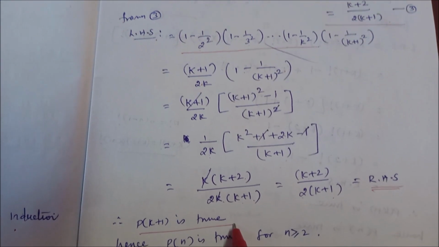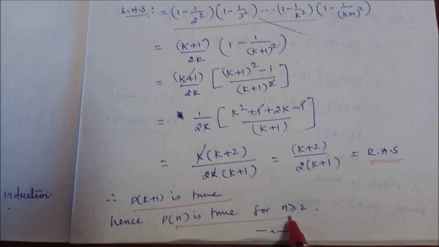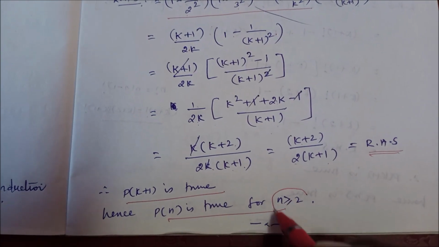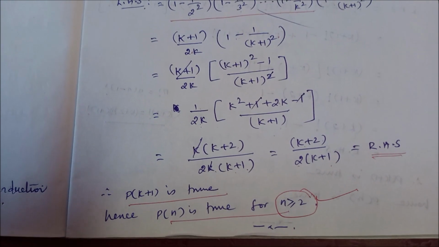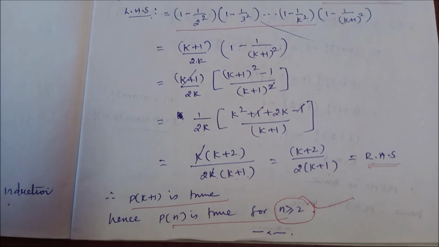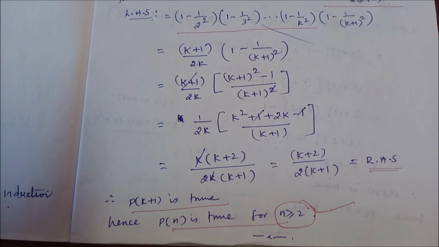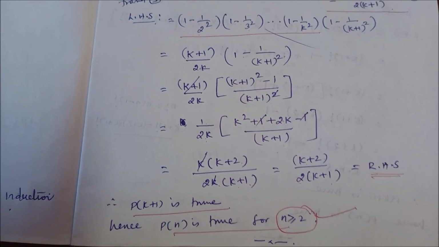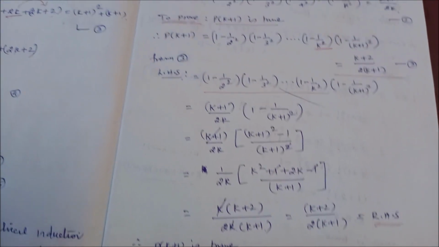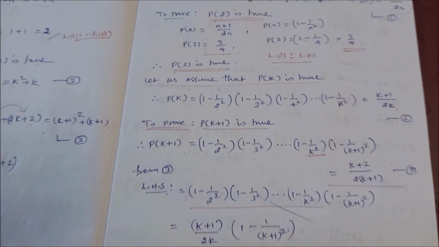Therefore P(k plus 1) is true, hence P(n) is true for n greater than or equal to 2. We write this because the sequence starts from the first term n equal to 2. So the fifth sum is completed.